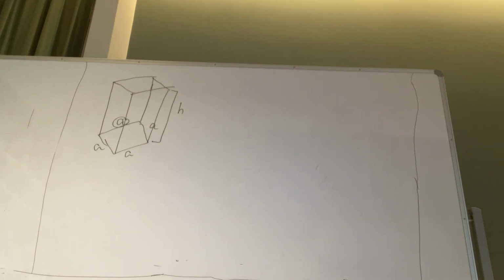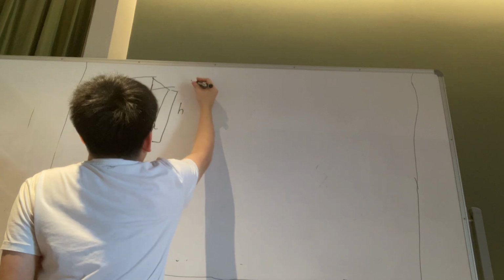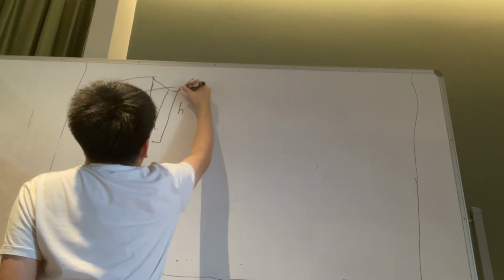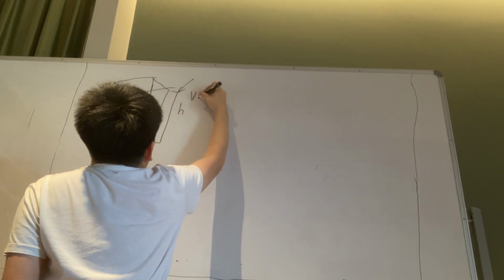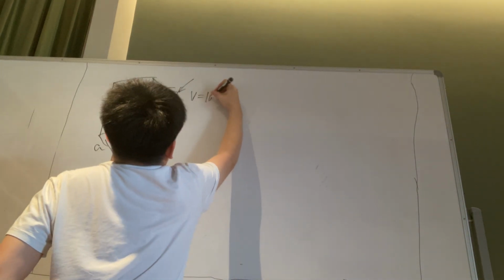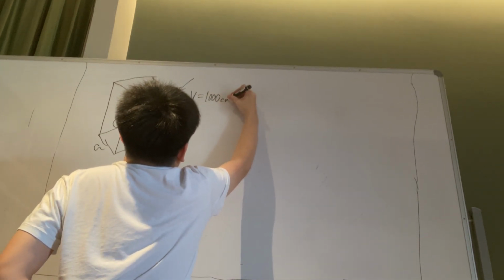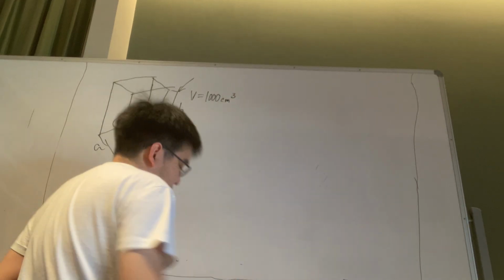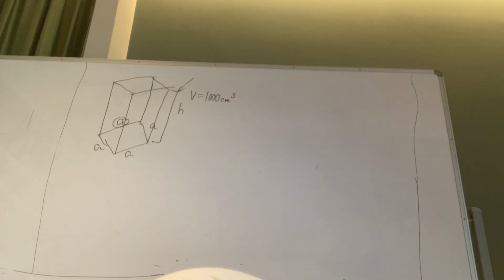The volume of the cuboid, V, equals 1,000? Is it 1,000? 1,000 cubic meters.